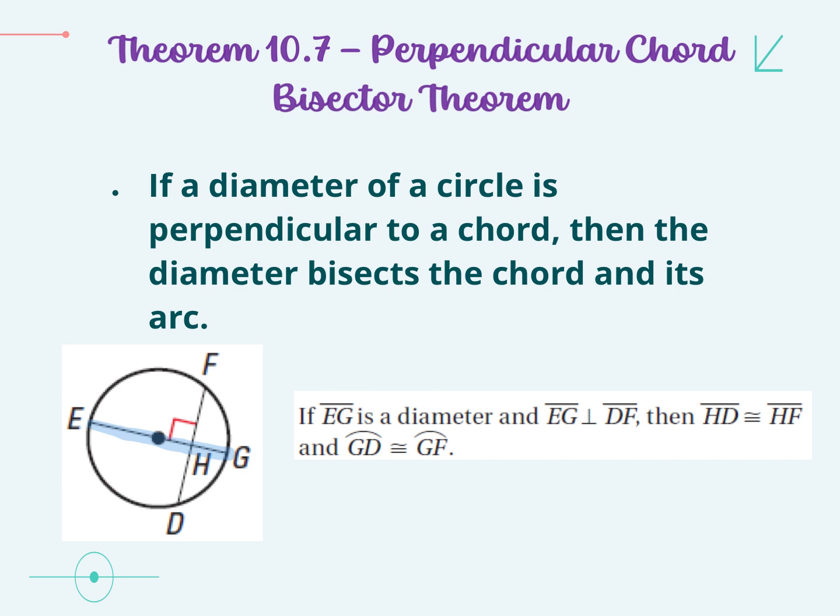And if that diameter is perpendicular to a chord, and I can tell it's perpendicular because of the right angle, then that tells me that segment HD here is going to be congruent to HF, and arc GD is going to be congruent to GF. So if that diameter is perpendicular to the chord, it is going to bisect the chord and the arc.